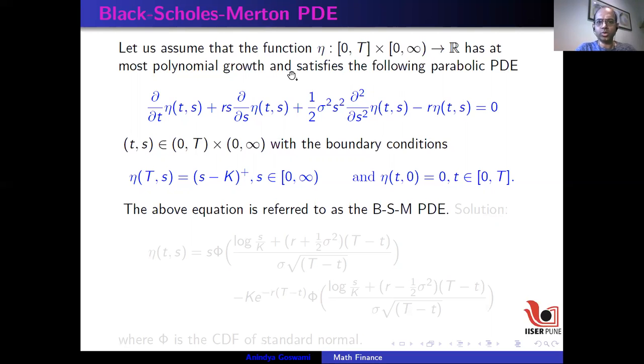So we also assume that this eta is not any arbitrary continuous good function, but it also has some growth property. This is important. Why? Because eta is defined on an unbounded set, correct?